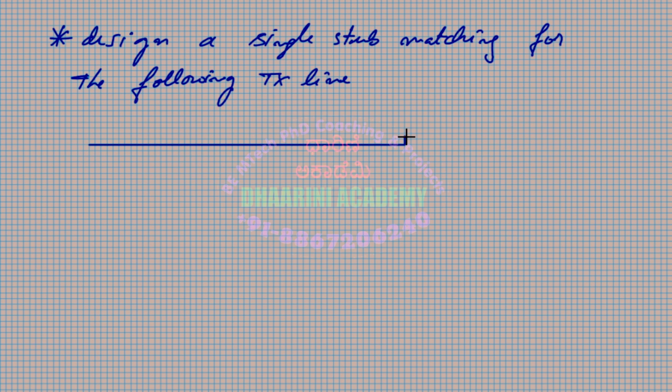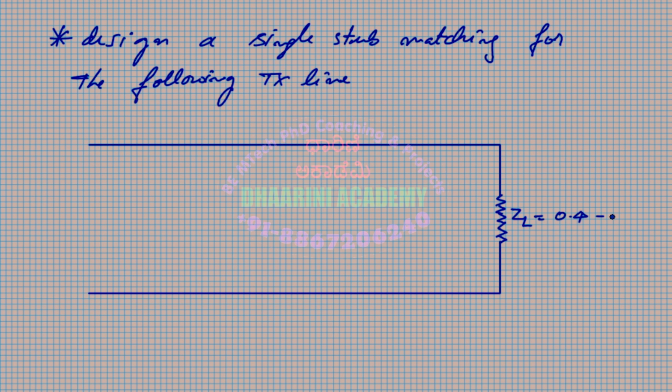So a transmission line itself is given, which is like this. So ZL value is given. This is a normalized value. So 0.4 minus j 0.4.